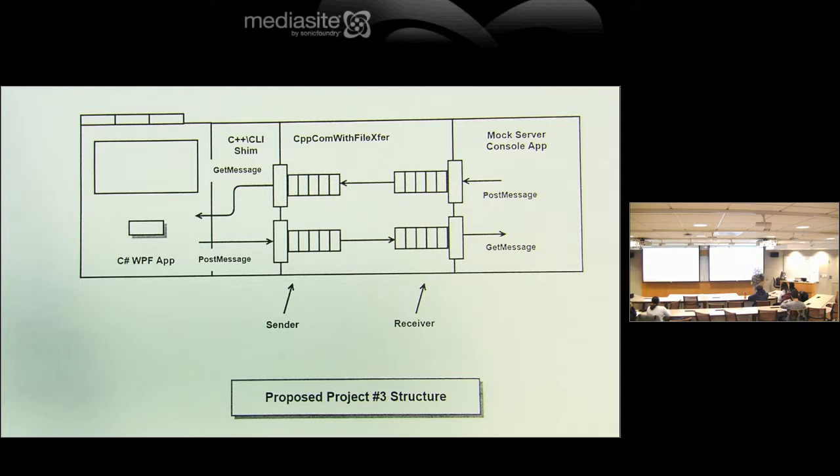And this GUI has two parts. I strongly recommend that we do this in C# and then do a C++ CLI shim that translates the C# into native C++. And you say, why would I do those two things? Now I've got to learn how to deal with two things instead of one.